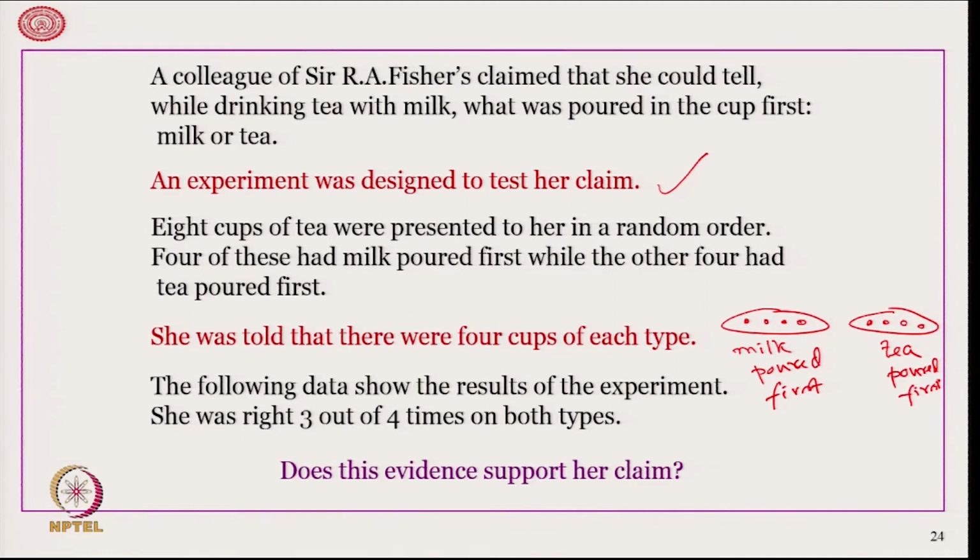So, she was told that there are 4 cups of each type and she has to sip and tell whether milk was poured first in that cup or tea. She does not know which cup is coming from which population.